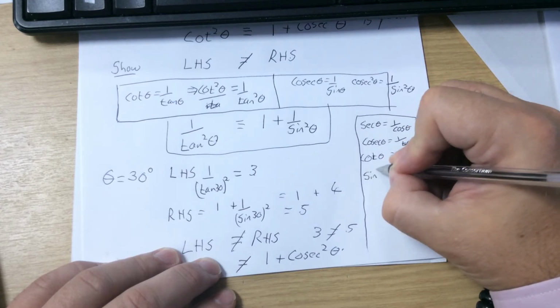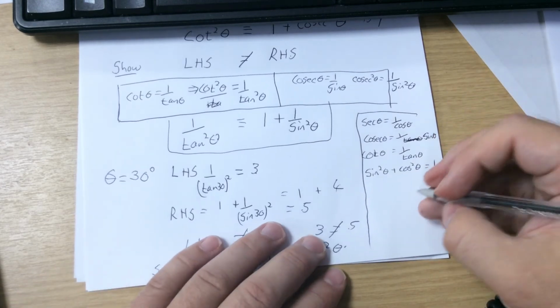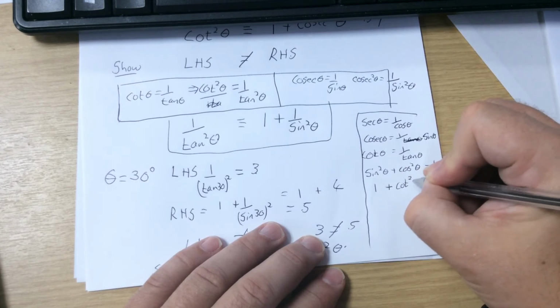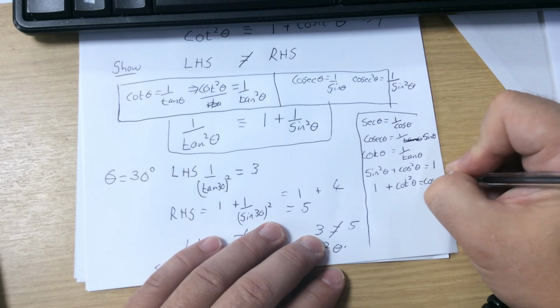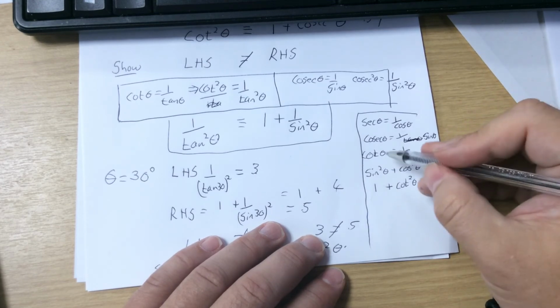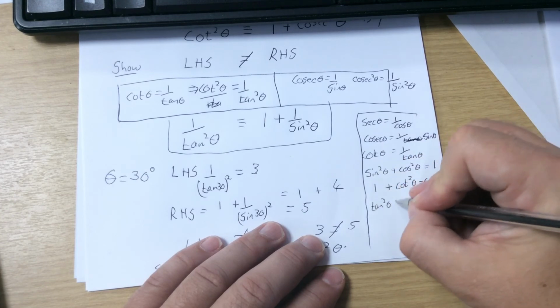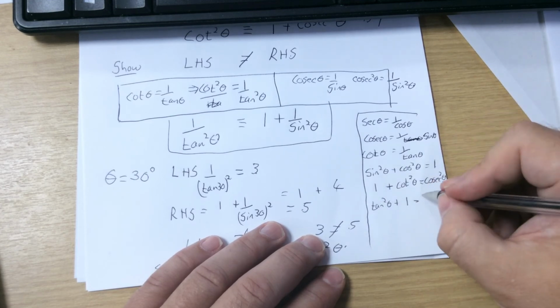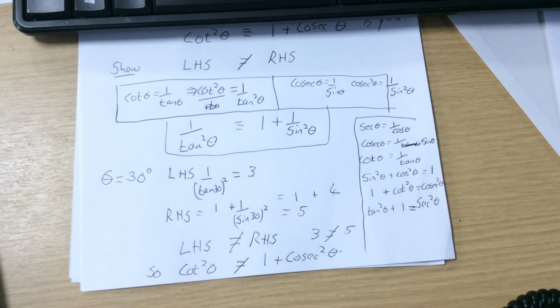You should know that sine squared theta plus cos squared theta is equal to 1. 1 plus cot squared theta is cosec squared theta. And then the last one is tan squared theta plus 1 is equal to sec squared theta. Alright, there are the identities you could be using. You've got to remember all of them. It's a fair bit to remember.